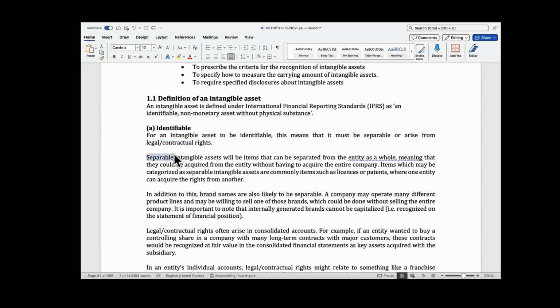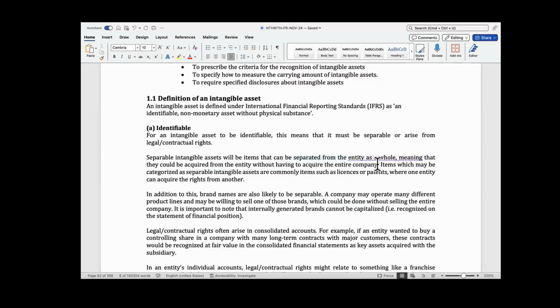a separable intangible asset. When we say separable, it means that that item can be separated from the entity as a whole, which means that it can be acquired from the entity without having to acquire the entire company.